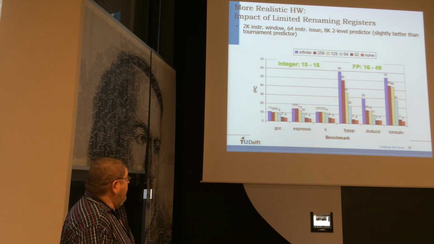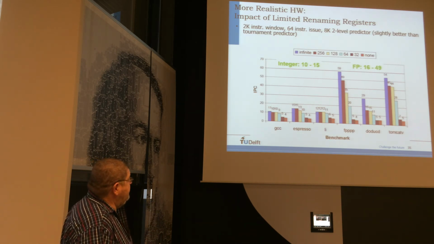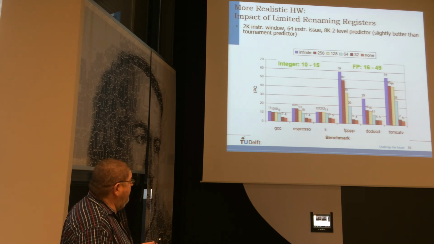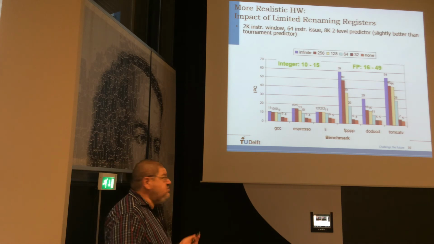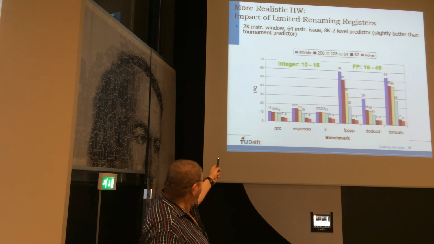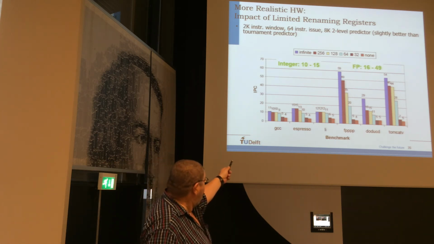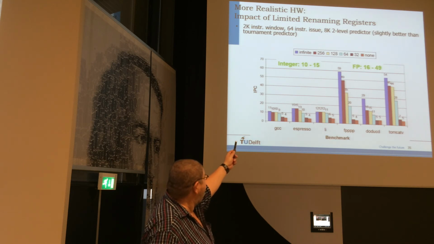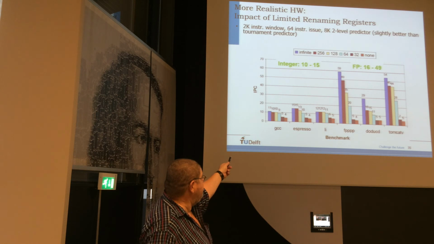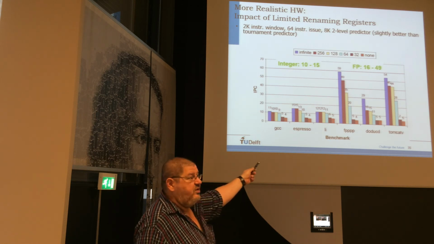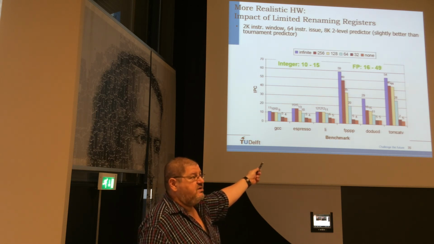And what you see is that somehow, for integer, there is no real impact. It's not very fundamental. I mean, if I look at Espresso, if I have 256 registers for renaming, I'm as good as unlimited. While for floating point, this is getting more important.